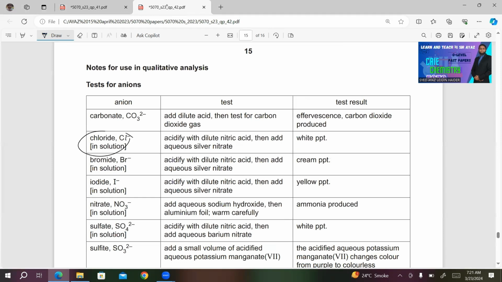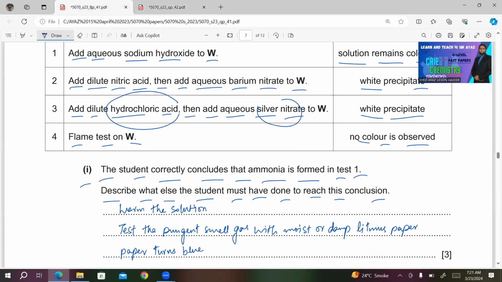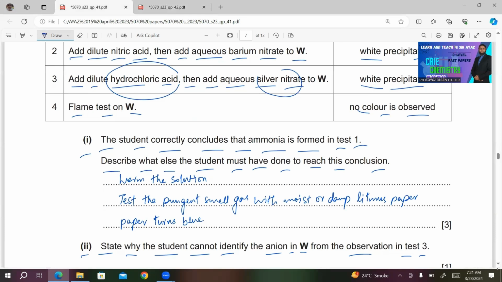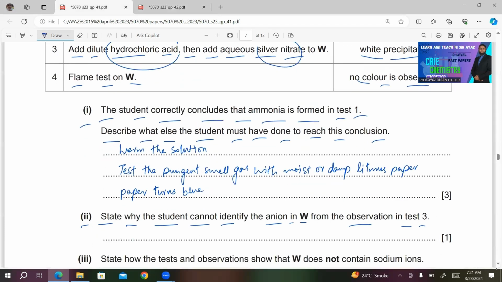This chloride ion will definitely give white precipitate with aqueous silver nitrate, but when you are acidifying the solution, it should be with dilute nitric acid, not with hydrochloric acid. So if you add hydrochloric acid, it will also contain chloride ion. So that's why you cannot identify the right anion in W from the observation in test 3.